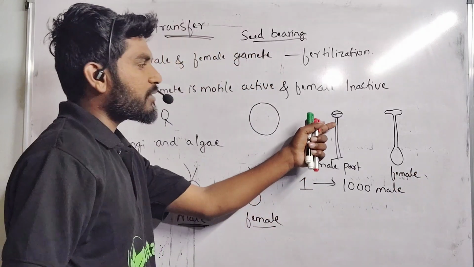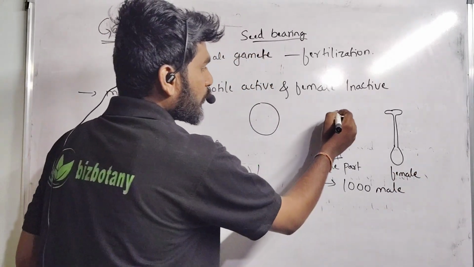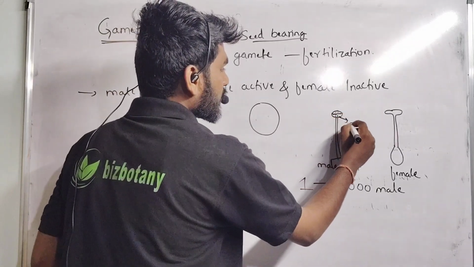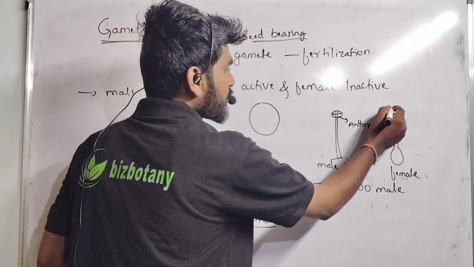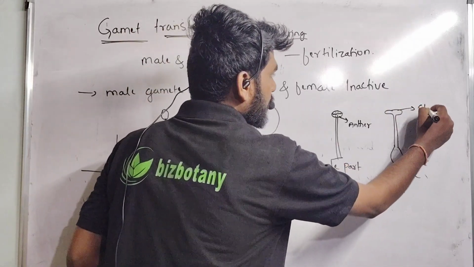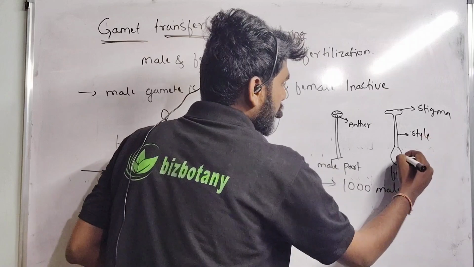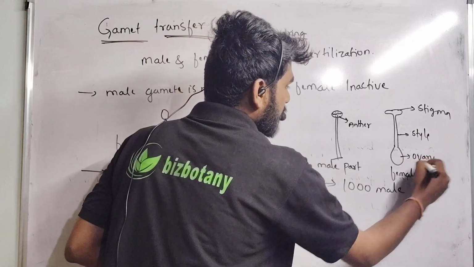In seed bearing plants, the pollen grains which are present on the anther reach the stigma. This part we call the stigma. This one is the style and this one is the ovary. Ovary consists of an egg.